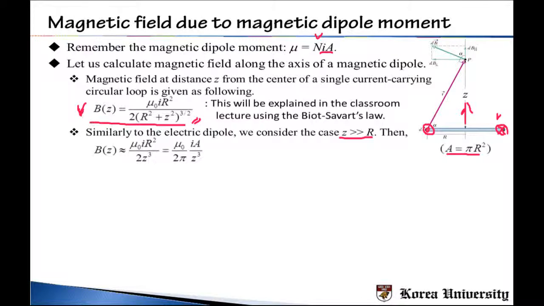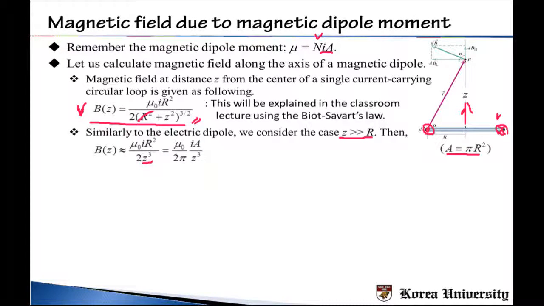Starting from this equation, if you assume z is much larger than R, then of course this term will disappear. So then you can finally see that z to the power of 3, or z cubed, remains.